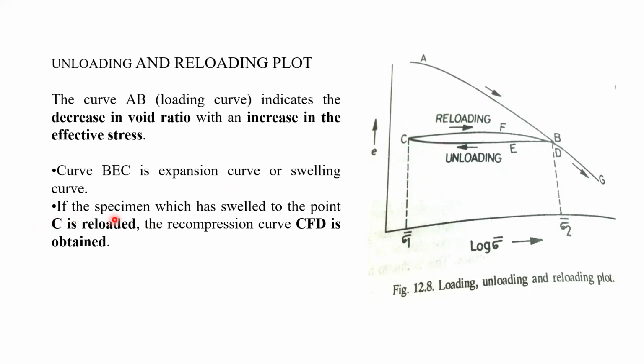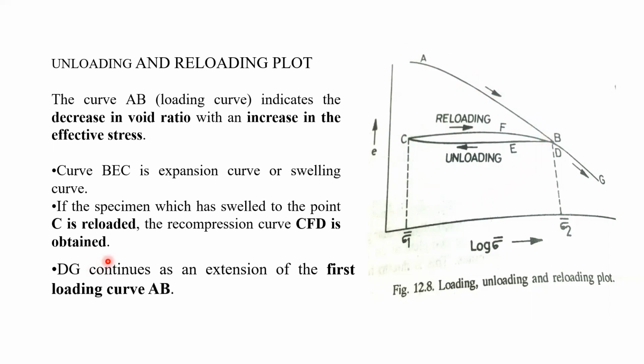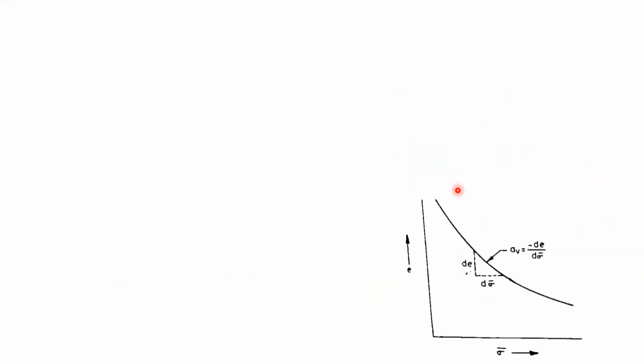So the recompression curve CFD is going to occur. That means this is the unloading curve, and then it is called a reloading or recompression, and this is the loading, right? So DG continues as an extension of the first loading curve, AB. So DG is going to meet with the AB line, okay? And further it will continue.